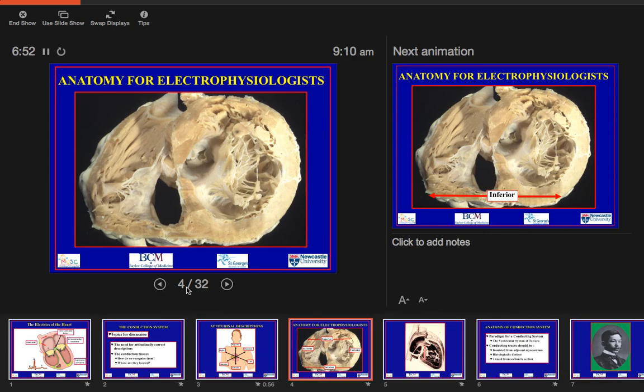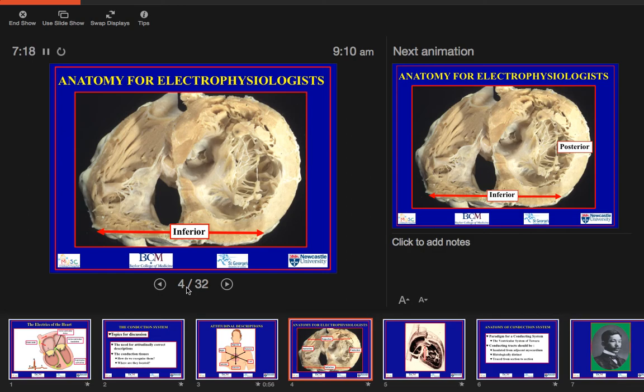And I showed you this picture yesterday. It's the short axis of a normal heart, and I've positioned it as you would see it in left anterior oblique orientation. And you all know full well that the inferior surface of the heart lies on the diaphragm. And so the part of the heart that is closest to the diaphragm should logically be described as being inferior.